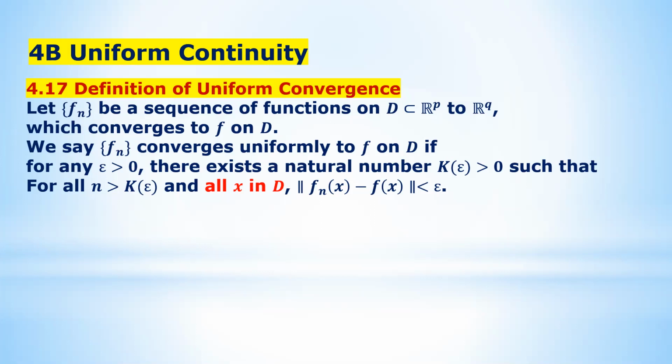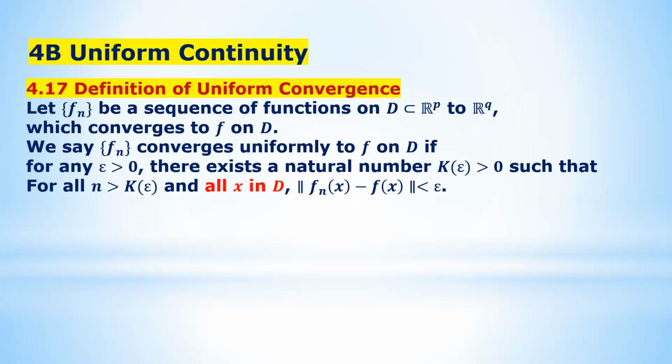This k depends on epsilon, that's one thing. But k may also depend on x, because at different x, the converging rate may be different. Even with the same epsilon, some points may require a larger k.